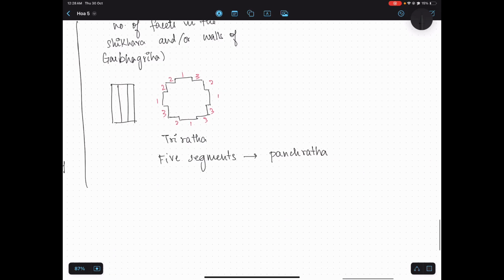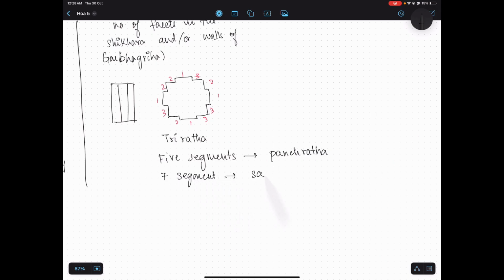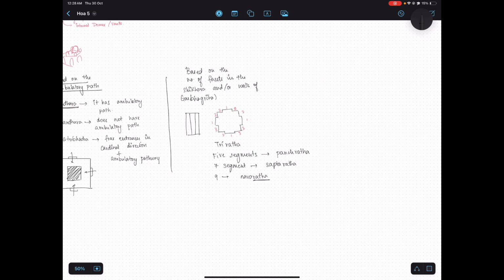And if it is divided into 7 segments, it's called Saptaratha. And if it's divided into 9 segments, it's called Navaratha. This is Ratha, remember that, and it is different from the Ratna style of Bengal.